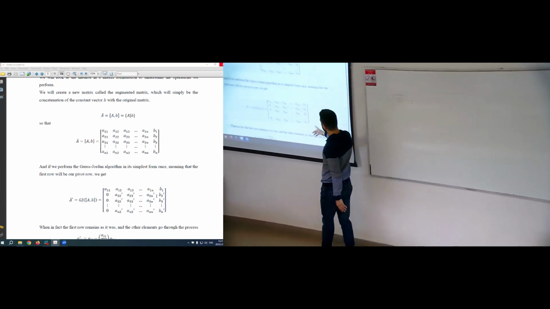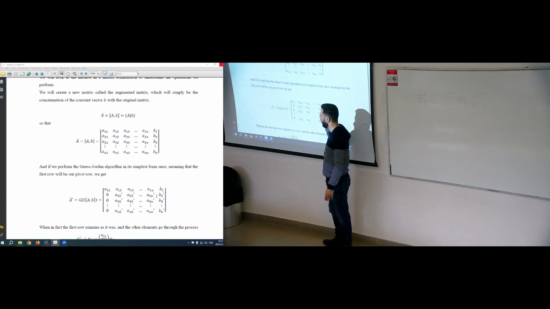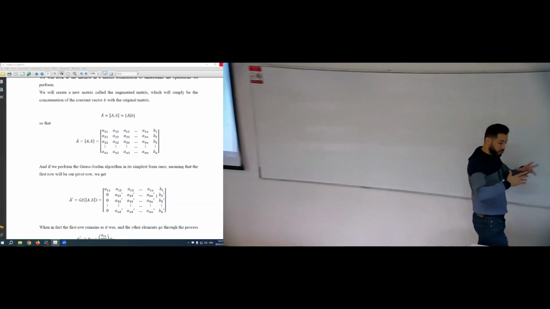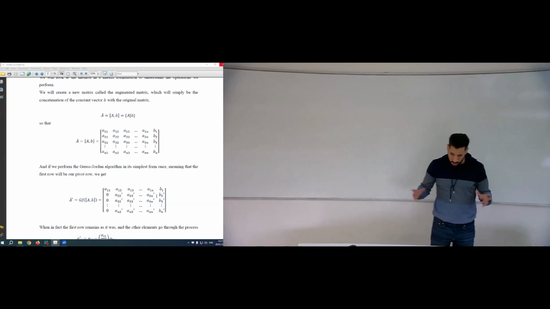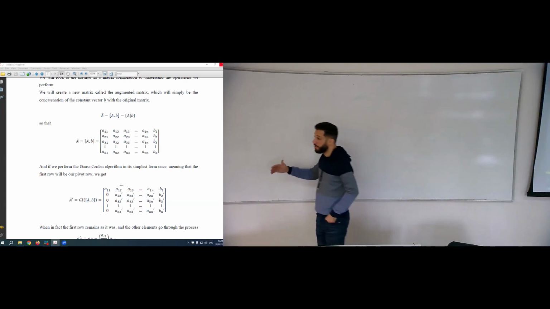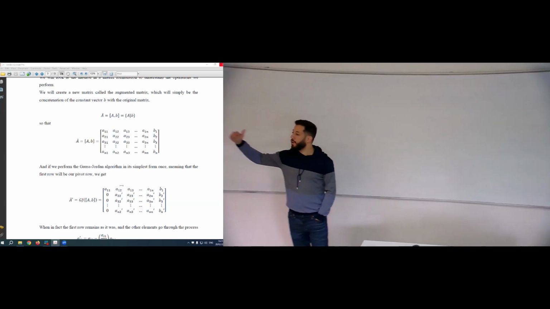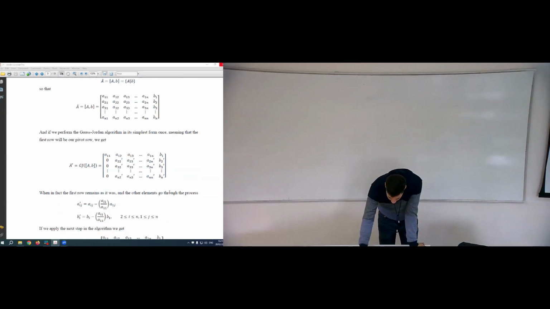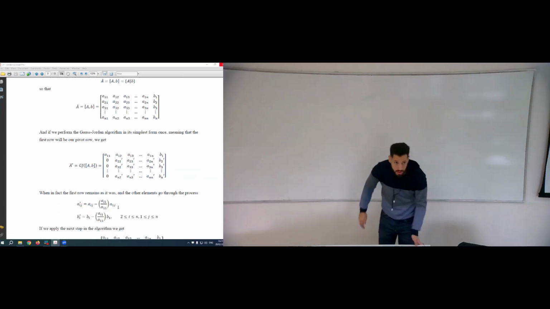After step number 1, I get these primes. After step number 2, I will get double primes. So after the first step, I get new numbers. I call them A primes, and these primes appear only in the second, third and fourth rows. The first row I didn't do anything with. So how do I write this?